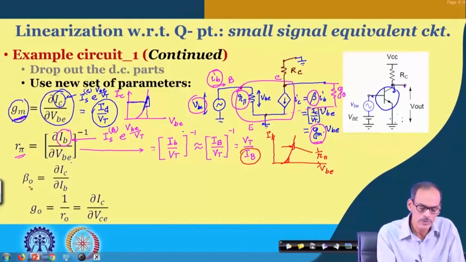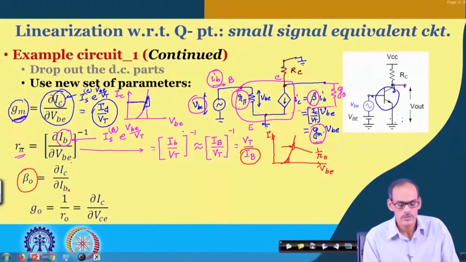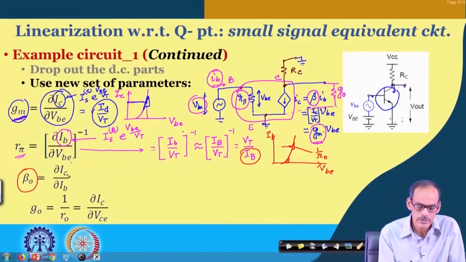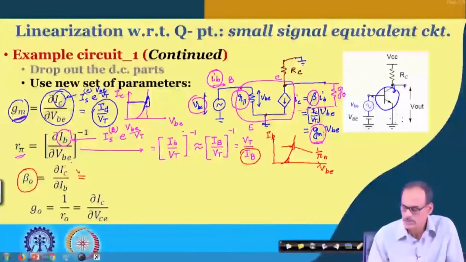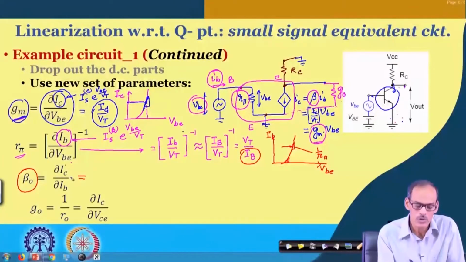Normally we use beta naught as the symbol which represents the relationship between the collector current variation with respect to the base current variation. So obviously, this is different from the ratio of capital IC by capital IB.